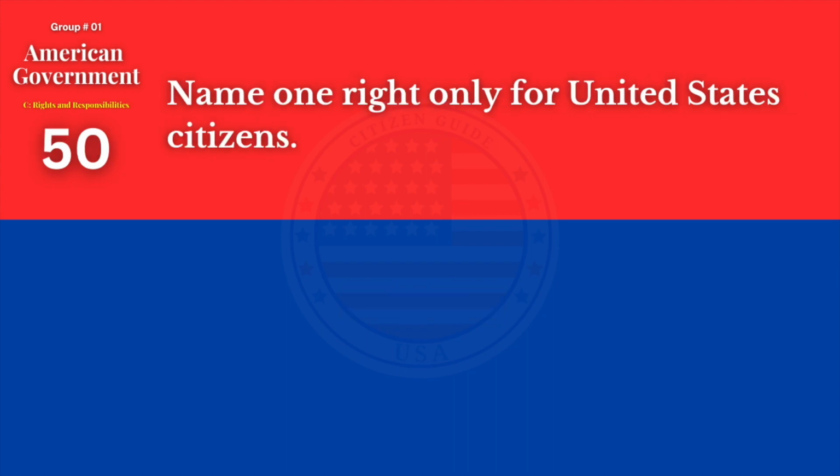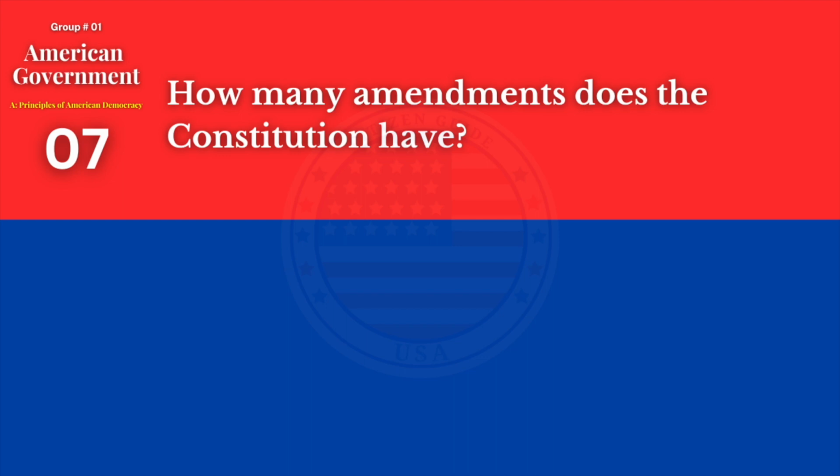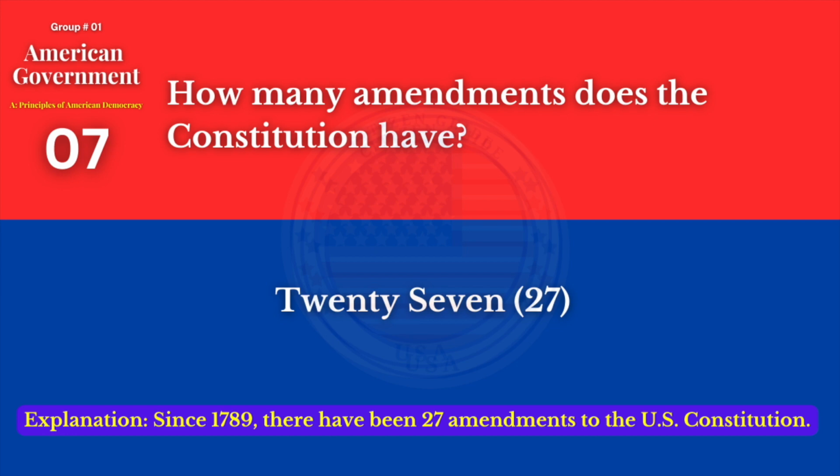Name one right only for United States citizens. Vote in a federal election. How many amendments does the Constitution have? 27.